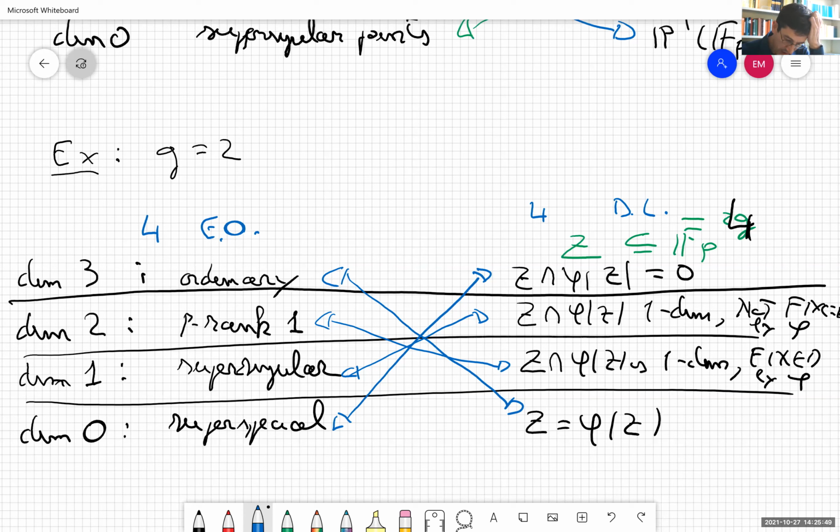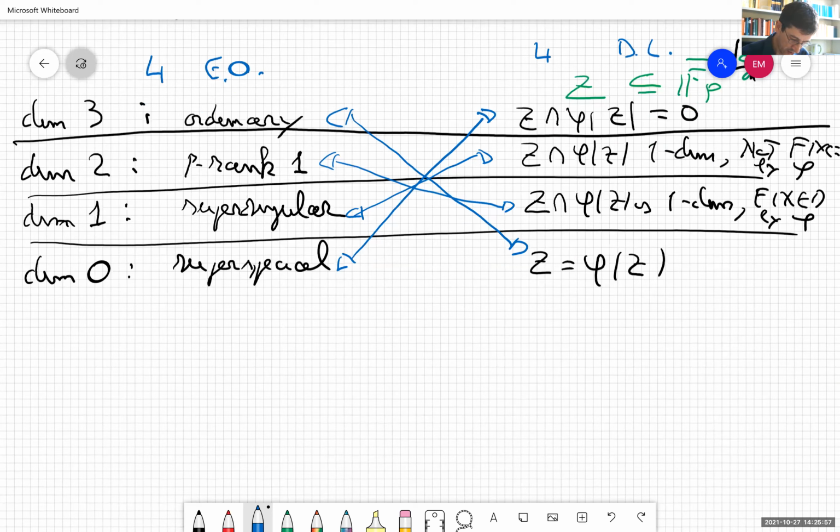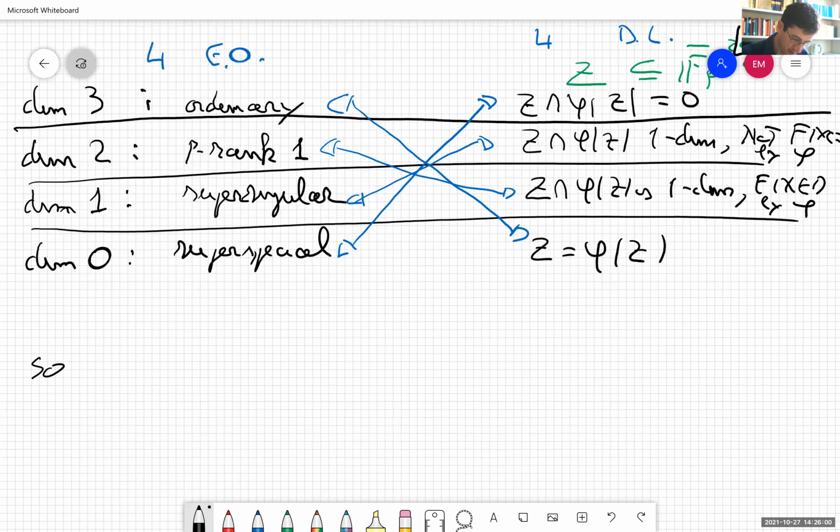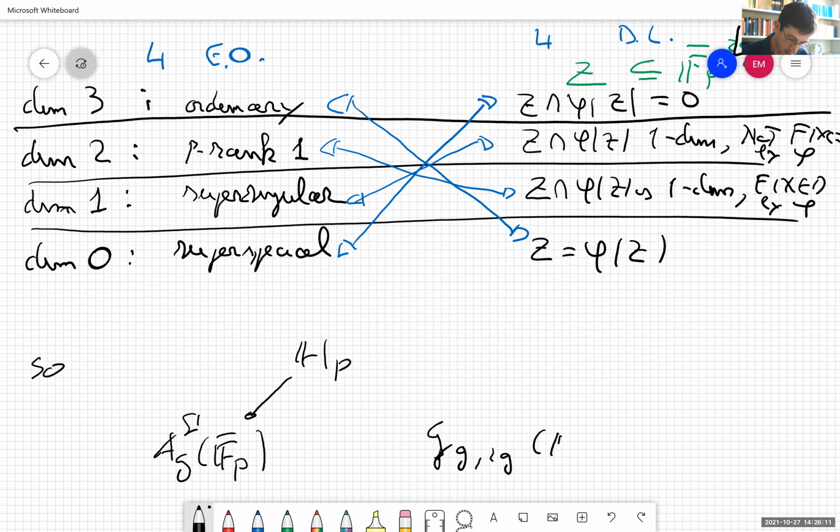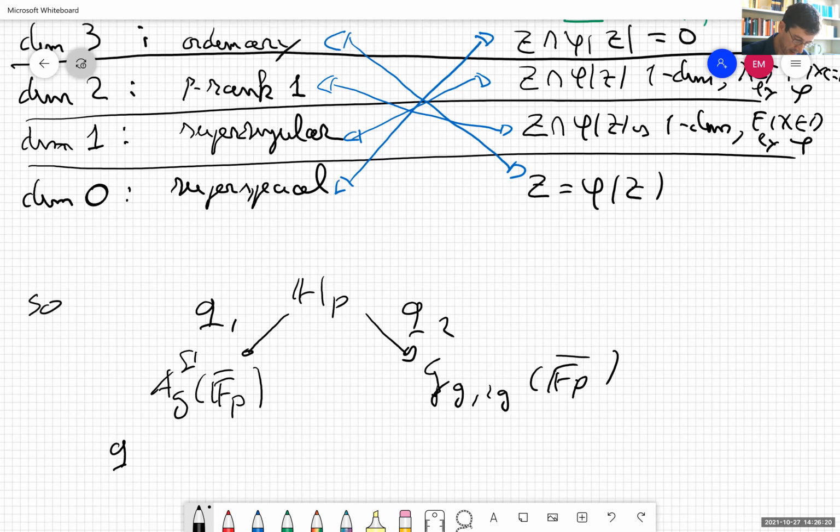Okay, so I was very intrigued by this phenomenon, which tells us, coming back to our correspondence, that Q1 and Q2 are really like blow up, blow down maps.